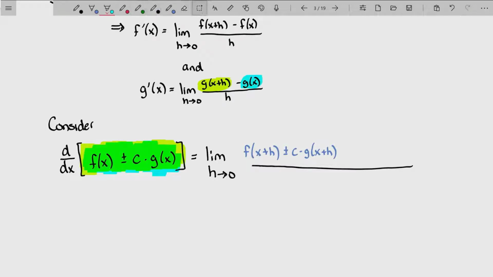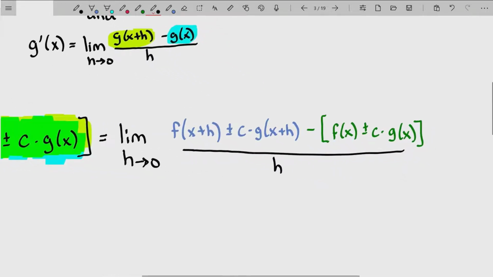So we're going to subtract off, write that down. I'll do that in green here. I'm going to subtract the quantity f of x plus or minus c times g of x. And remember, this is all still just over h by definition of a derivative. Okay, so this is the derivative of that now green highlighted looking piece right there. And so far, so good. Now what I'm going to do is move things around a little bit.